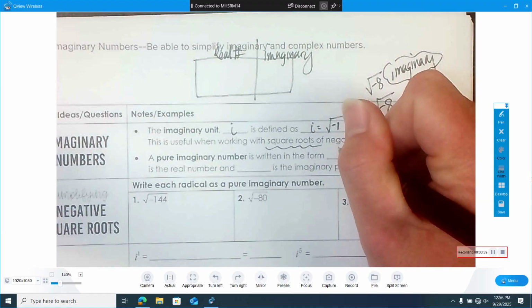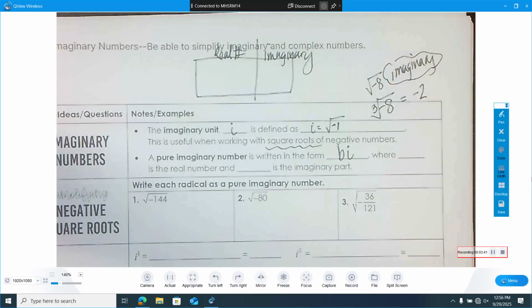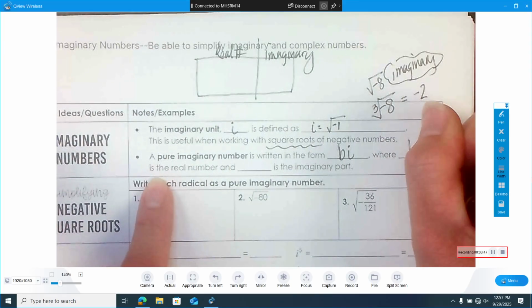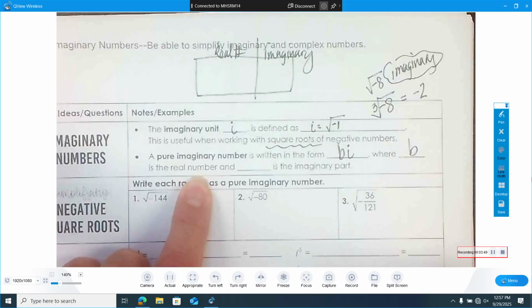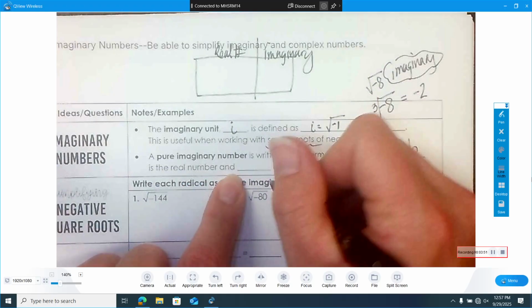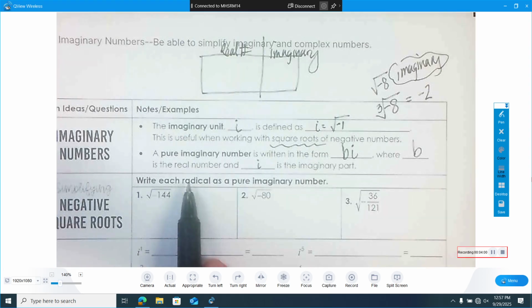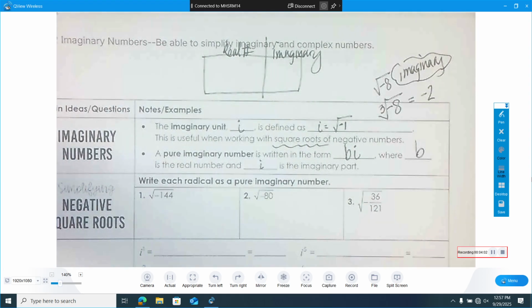So b times i, some number, like 3 times i, or 7 times i, or -2 times i, where b is the real number and i is the imaginary part. So we want to write each radical as a pure imaginary number.